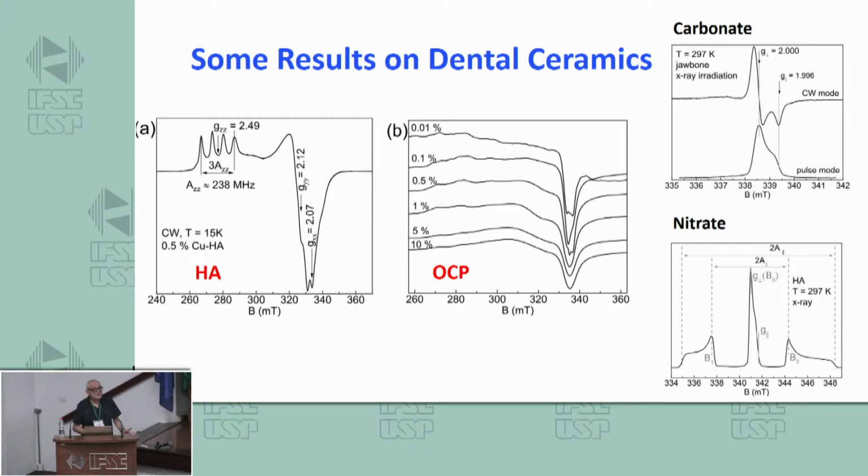Octacalcium phosphate, another mineral that can be produced upon crystallization of apatitic glasses, looks very different. So we can do a phase identification through EPR. And here I mentioned the characteristic signals of carbonate and nitrate that you would be able to produce if you irradiate the glasses with some beta or gamma, normally gamma rays.